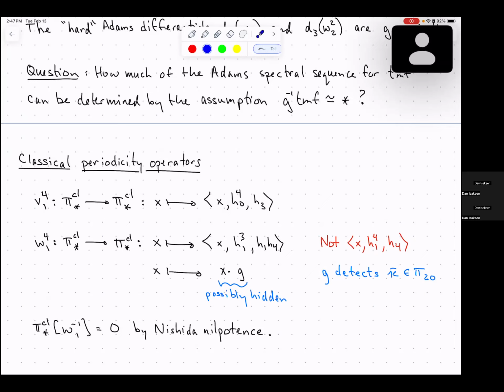It turns out it's not really that interesting because it's just multiplication by kappa bar. I'm writing these things in terms of Latin letters, and once in a while when I remember, I'm going to emphasize that I really mean in homotopy, and so these kinds of multiplications could possibly be hidden in the algebra. But anyway, it's just multiplication by G, or kappa bar by 20.